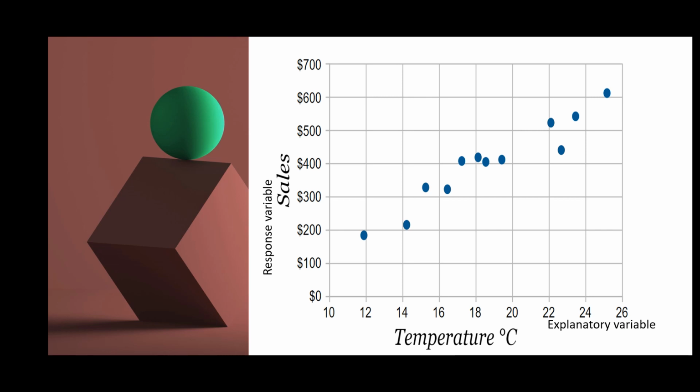So we take the x-axis, which represents the explanatory variable, and the y-axis is the response variable. So the x-axis is the temperature and the y-axis is the sales. We can plot the points. The points are all scattered all over. So this is a scatter plot for the data we have about the ice cream sales.